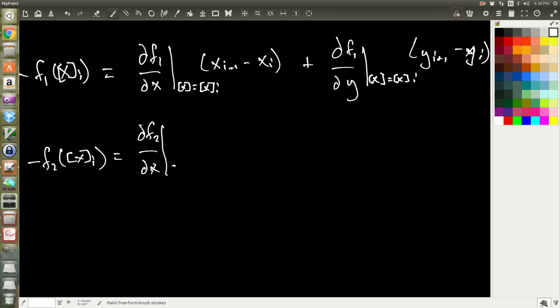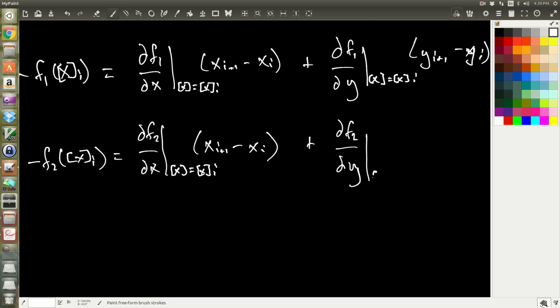This is evaluated at the vector x equals xi, and it was multiplied by xi plus 1 minus xi, plus the partial of f2 with respect to y evaluated at x equals xi times yi plus 1 minus yi.